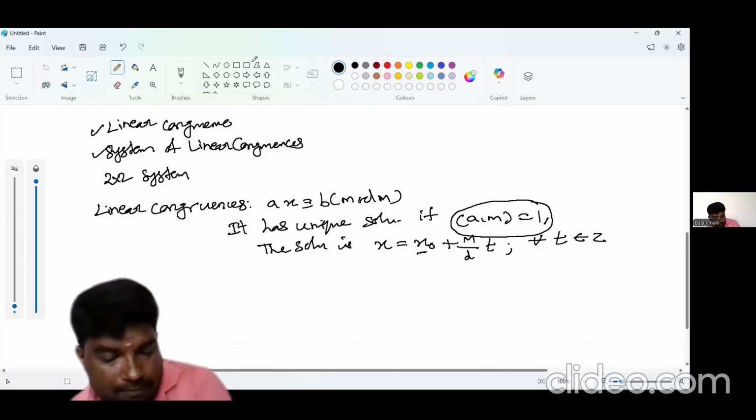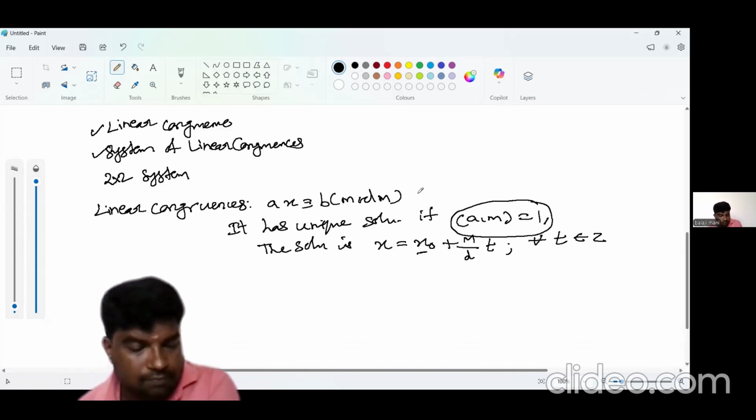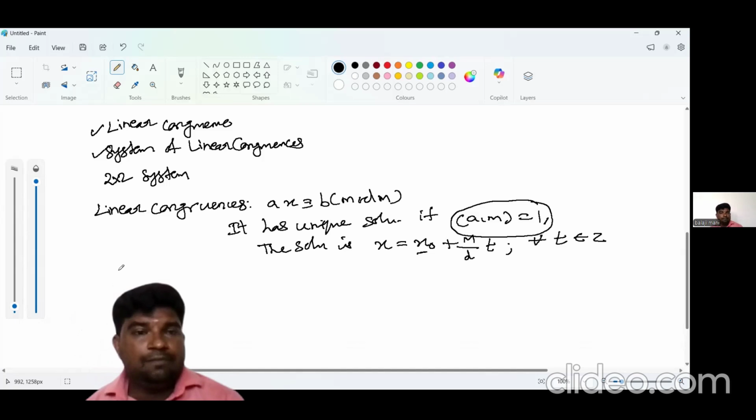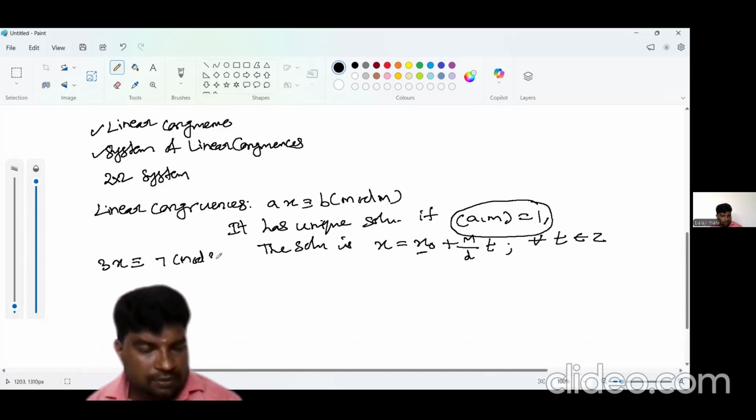So for example, 3x congruent to 7 modulo 31. So a is 3, b is 7, and m is 31.